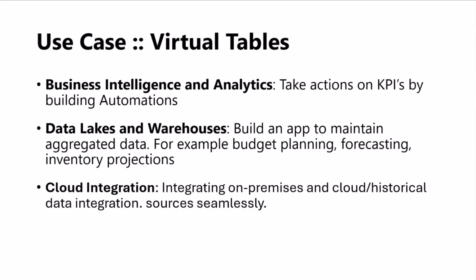Some of the use cases are from a business intelligence analytics perspective. You can connect to Fabric and create various KPIs, and using Copilot, you can create KPI-driven alerts and actions using virtual tables. The other obvious example is data lakes and warehouses.